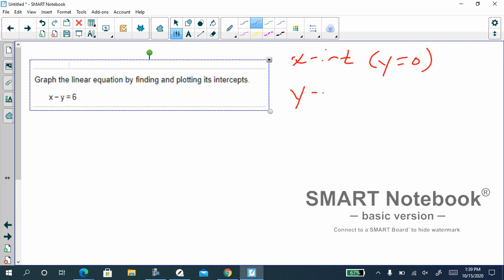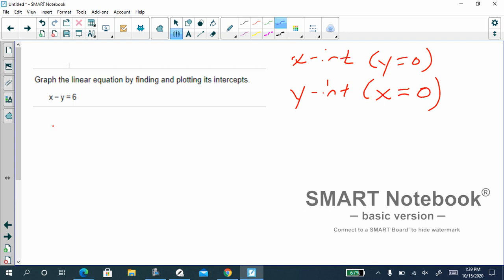For a y-intercept, that occurs when the x value is 0. So if we put a 0 in for y, we can find x. So if we replace y with 0, we get x minus 0 equals 6. So the x-intercept when y is 0 is 6.